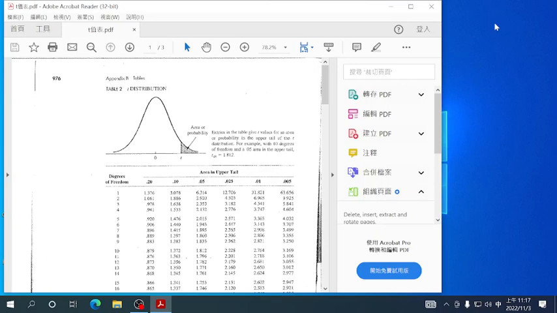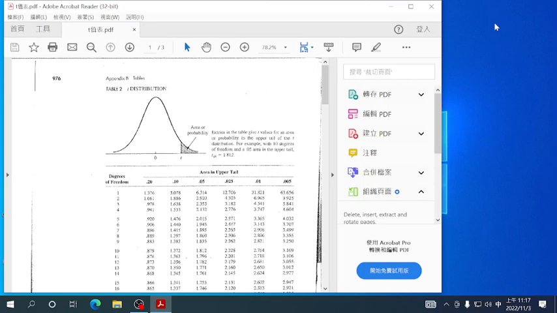And this is some other popular form of the T distribution. Look at this one. This is what we call area in the upper tail. What do you mean by the upper tail? It means the right-hand side.